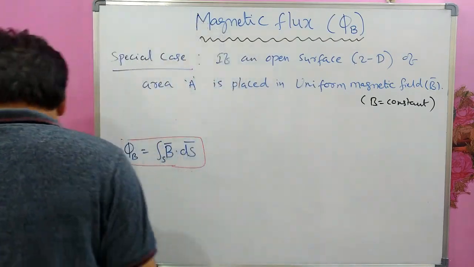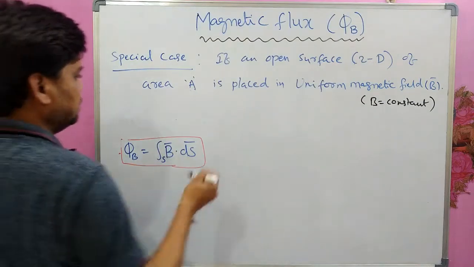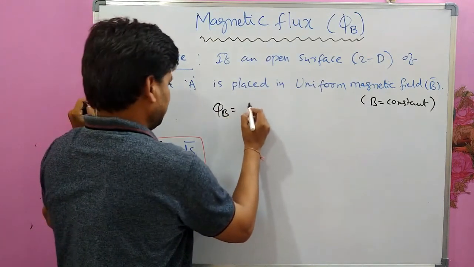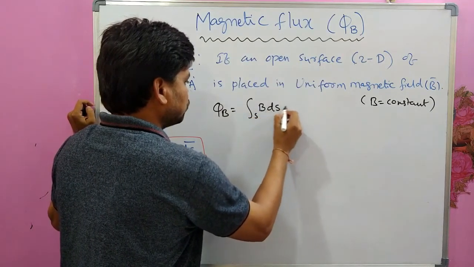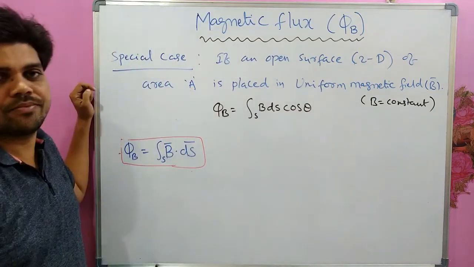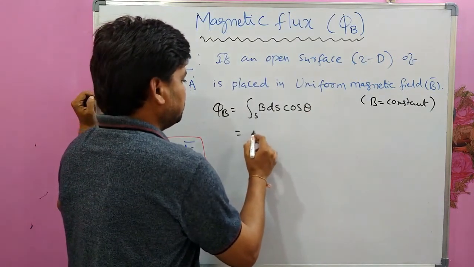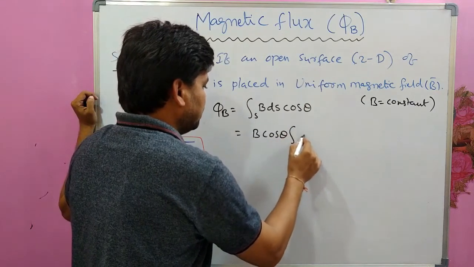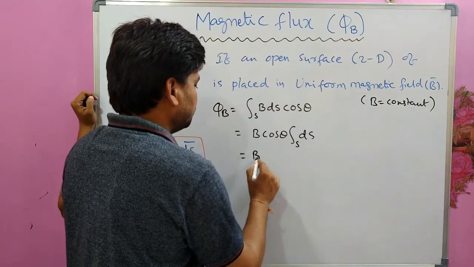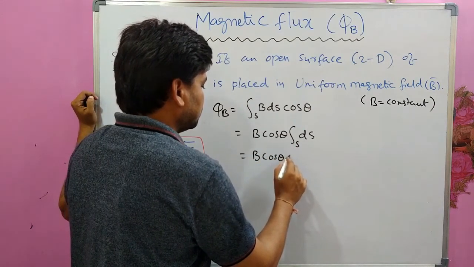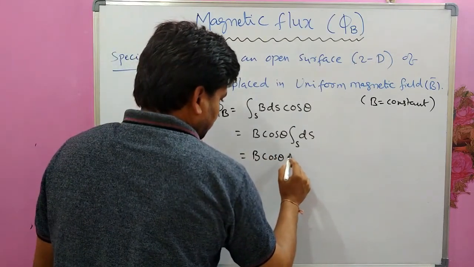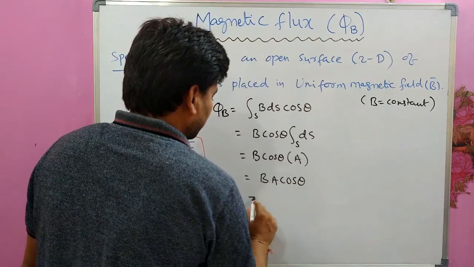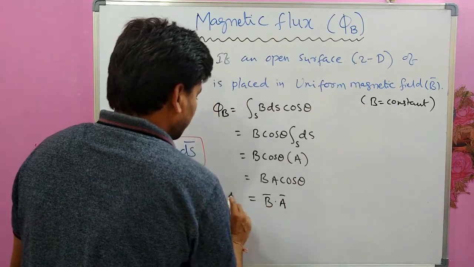In a certain region. So from this, what can we write? Phi B is equal to the integral over S of B dS cos theta, which is equal to, since B is constant, B cos theta is also constant, so B cos theta integral dS, which is equal to B cos theta into A, which is BA cos theta, which is B bar dot A bar.